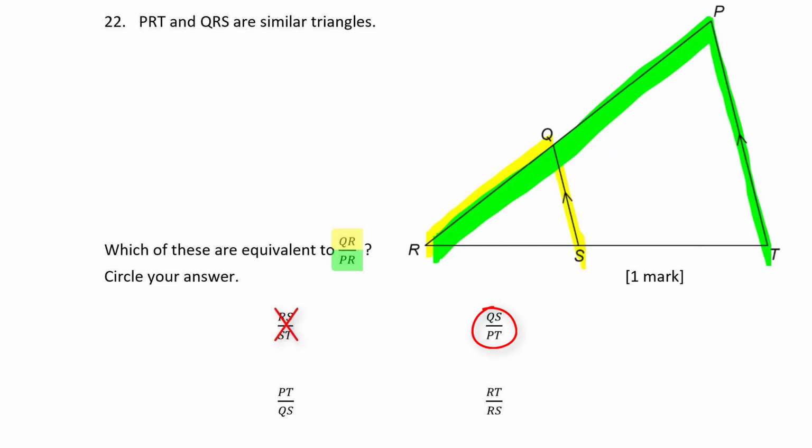That would be big one over small one. That isn't going to be the same. And RT to RS. Again, that's big one over small one, so that one isn't going to work either. So it's just that first one, then QS to PT.